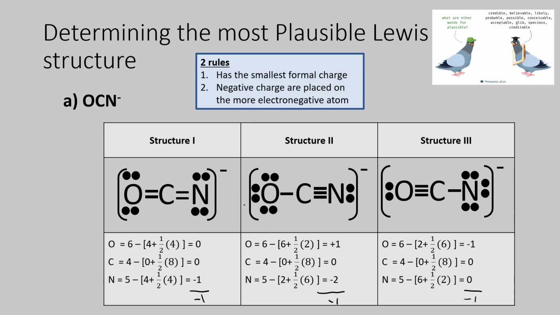So kita tengok the second pula, paling banyak kosong is the one that kita favorite. So which of these three yang kita kira the most banyak kosong? Structure mana? So structure 1 and 3. Sebab structure 2 nampak dia ada plus 1 dengan negative 2. Kalau boleh kita nak the smallest formal charge.